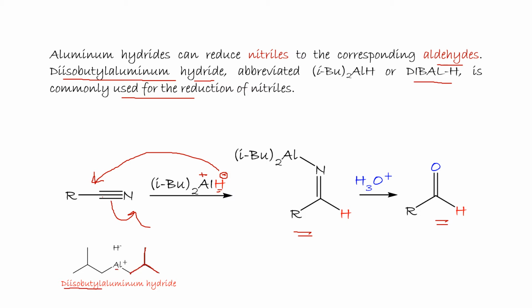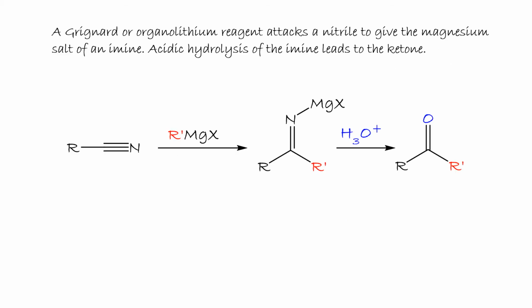A Grignard or organolithium reagent attacks a nitrile to give the magnesium salt of an imine, which upon hydrolysis provides ketone.